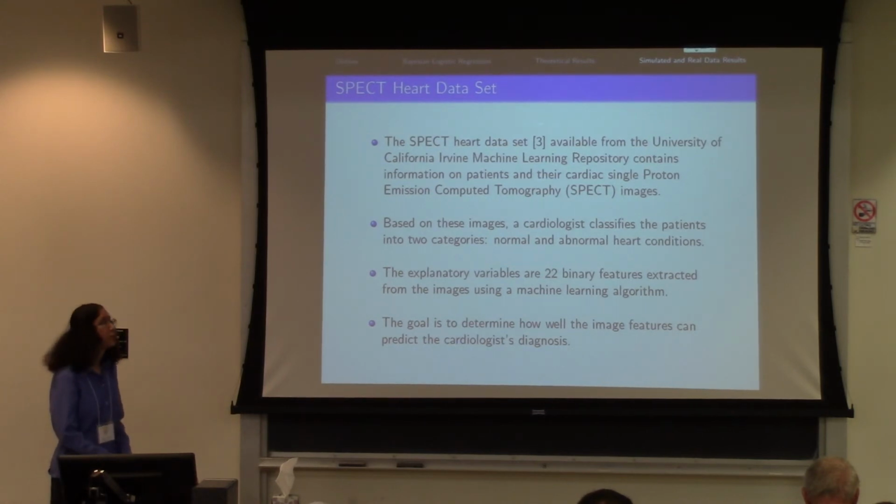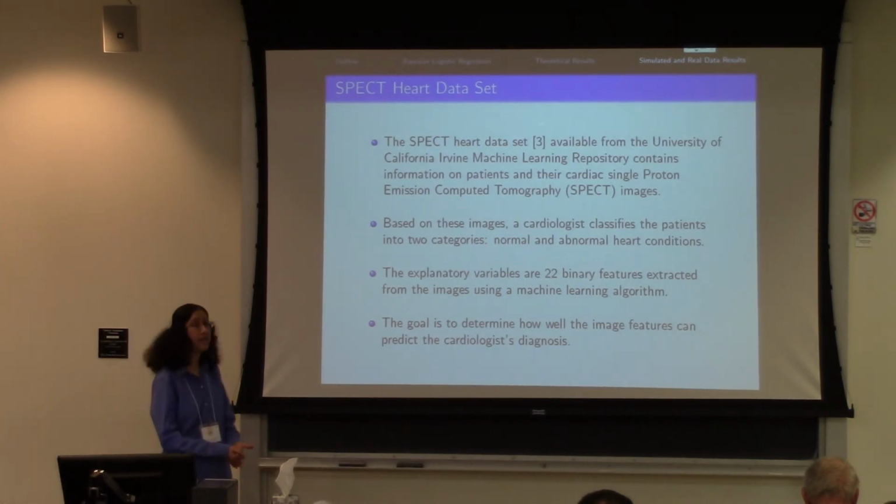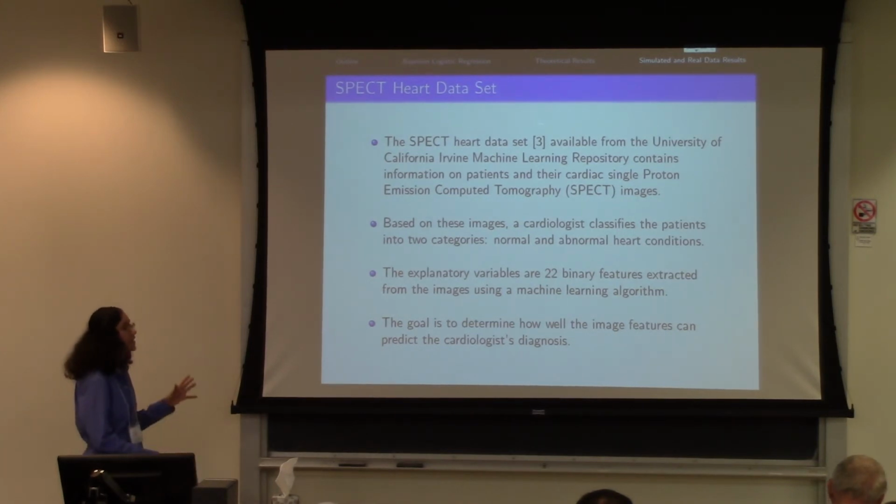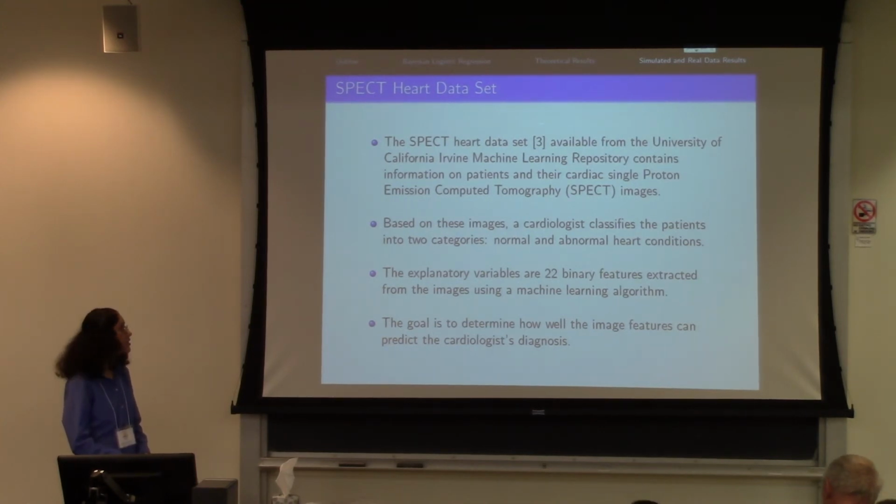And one might argue that it might still give better predictive performance. So we looked at this data set and several others. And here, this data set came from the UCI repository. So there are different cardiac images, and a cardiologist classifies patients based on these images into normal and abnormal heart conditions.